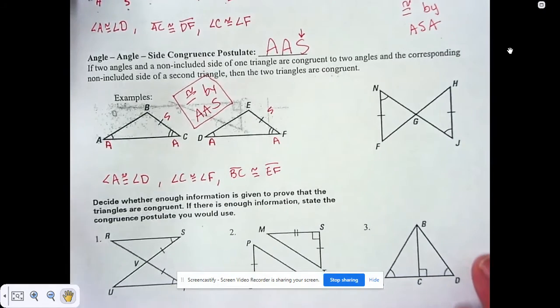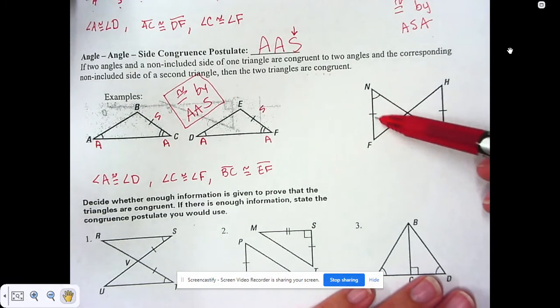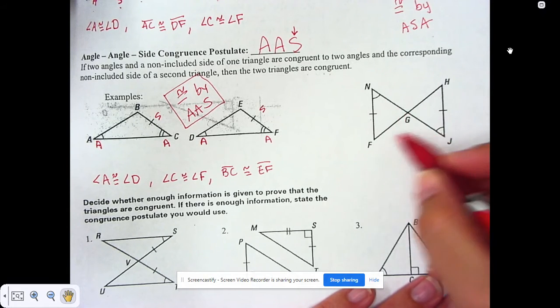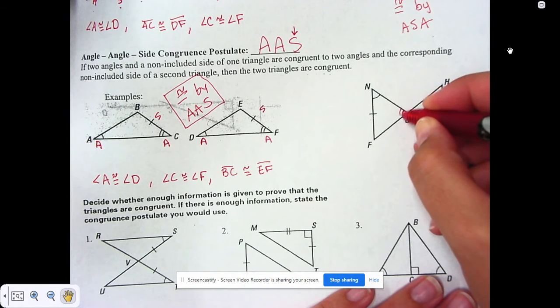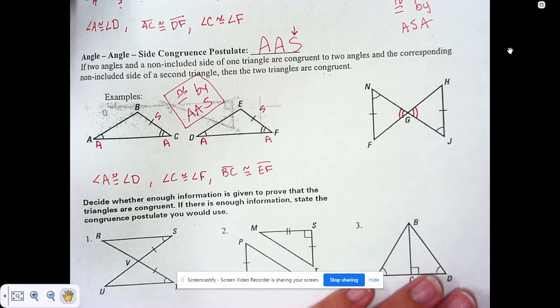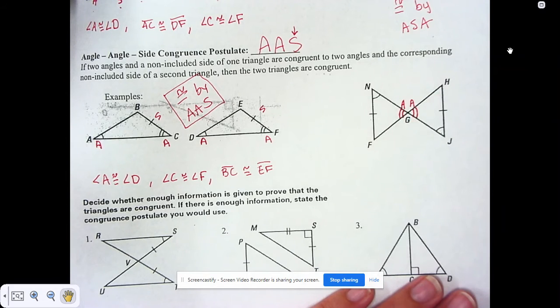Okay. Over here, I'm looking at this triangle. I notice it has an angle marked and a side marked. Because these are connecting right here with that X pattern, these are vertical angles. I can add vertical angles to the picture because that's something I can prove. So my vertical angles are congruent.